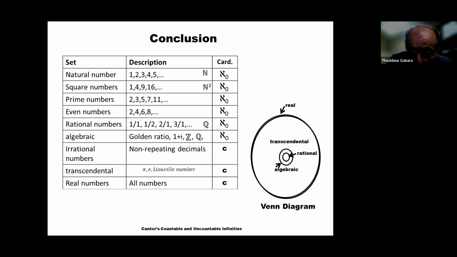And within all the algebraic numbers, you have all of the rational numbers, all the integers, all the prime numbers, and you have it inside of the algebraic numbers. Everything outside of the algebraic numbers is a transcendental number.